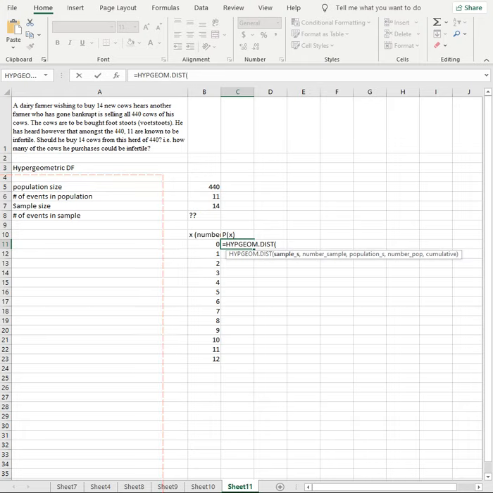hypergeom tab. All right, so this sample, what's the number in the sample? So S here stands for successes. So sample success is what? Comes from this column, great. What's the number in the sample?